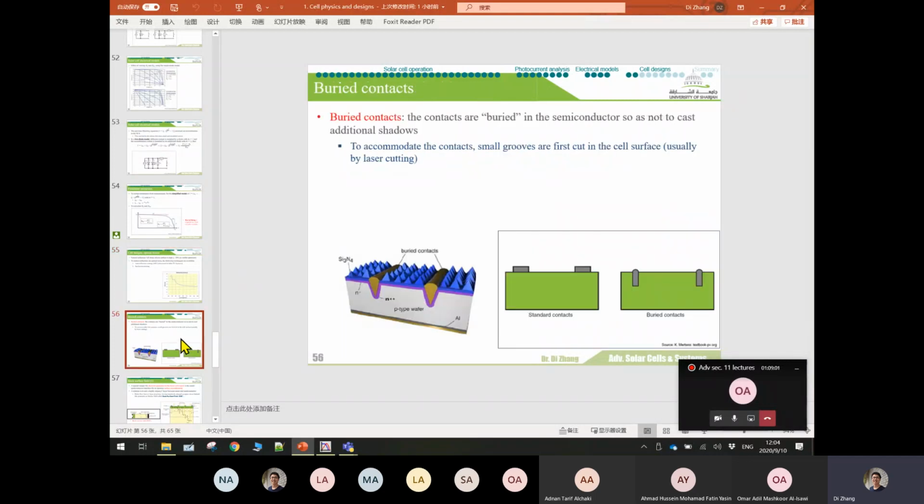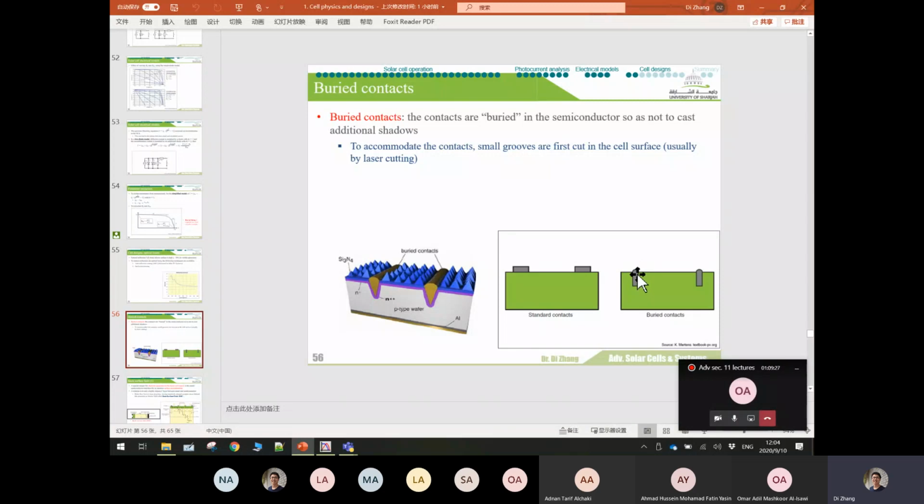And then also we talk about the other method if you want to reduce additional optical losses. Okay. So we mentioned that the contacts near the front surface are typically a source of optical losses. This can cause some shading on the front surface, especially if the contact is higher compared to the silicon surface.